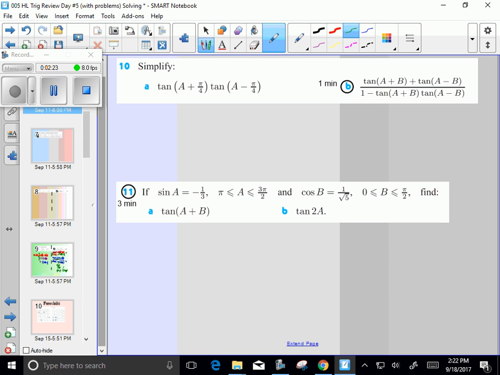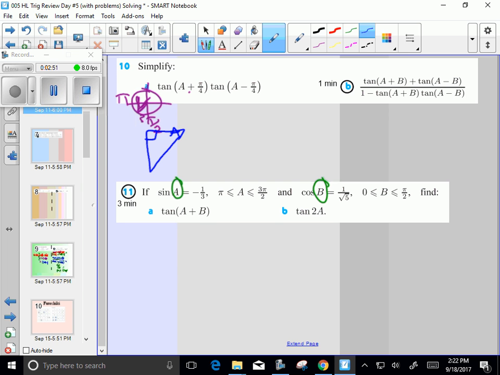How many angles or arc lengths do you see? 2. How many triangles will there be? 2. So if this is my unit circle, and we're between pi and 3 pi over 2, so we're going to be here. So this is going to go up. This is the triangle A that we're going to have.